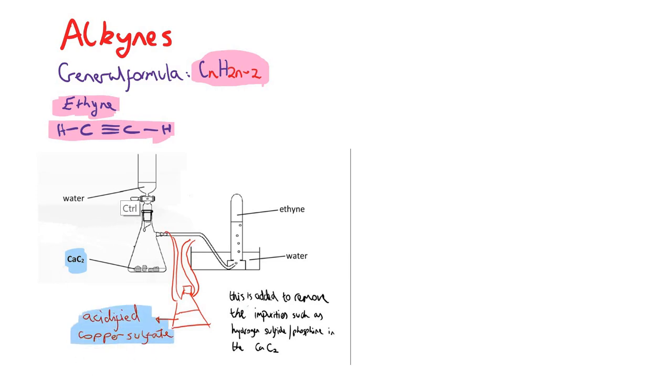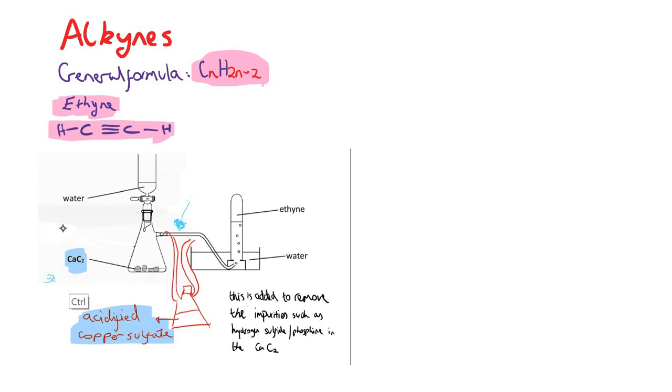So all we do is use a dropping funnel to drop water slowly onto calcium dicarbide. Instead of this diagram, which came from an old leaving cert paper, we usually have another flask here in between, on the delivery tube, that's used to take out all the impurities, and that flask usually contains acidified copper sulfate. The reason it's there is to remove the impurities like hydrogen sulfide and phosphine that are formed in the calcium dicarbide.